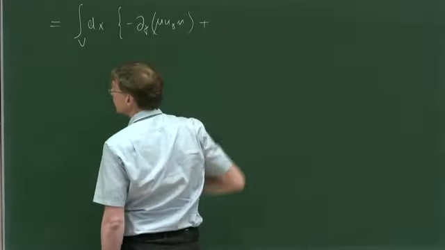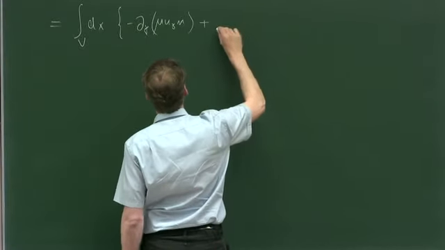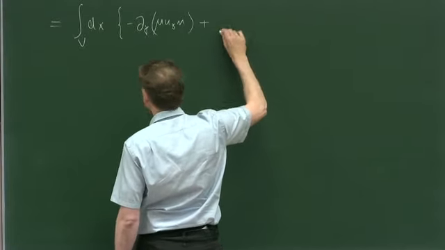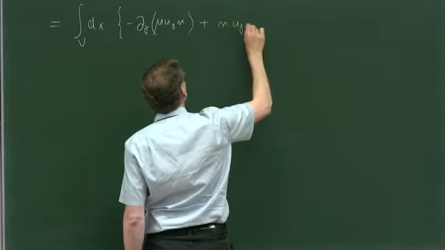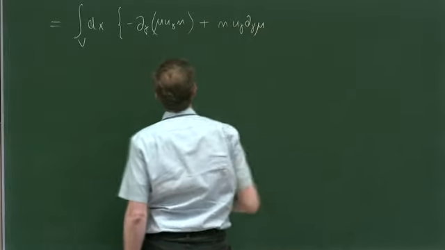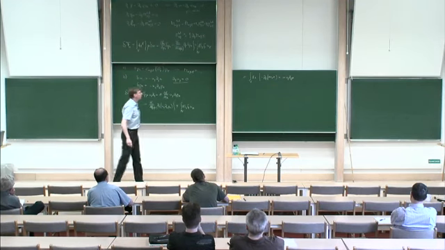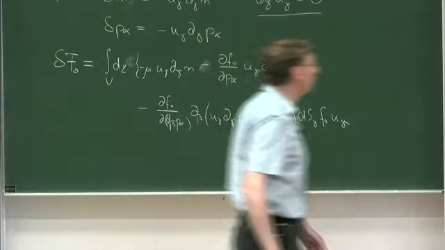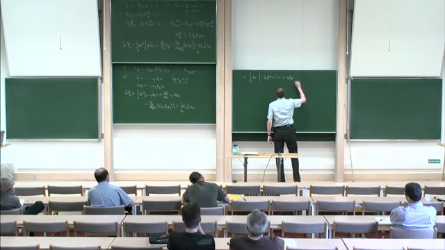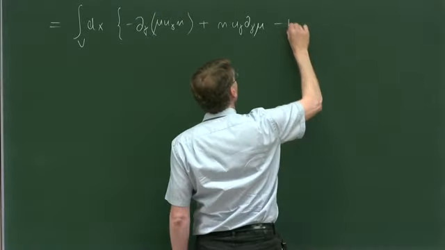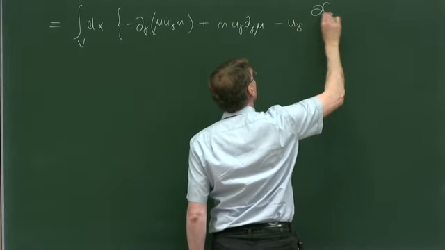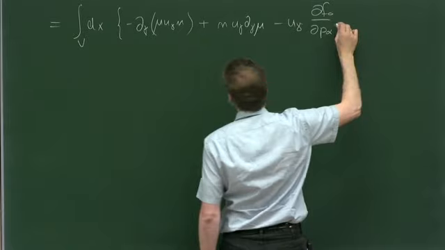Then there's some term missing, so this can be written in the following form. This will be an n u_γ ∂_γ μ, and here I've already used that ∂_γ u_γ is 0, right? So this is the incompressibility condition that I've used here. Then I have a term that I want to keep the way it is.